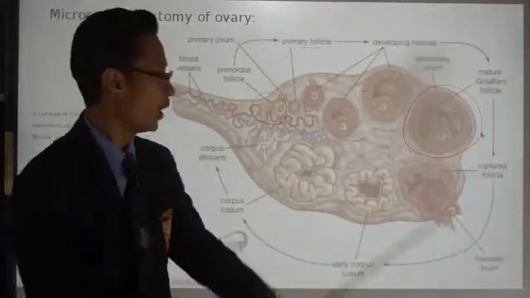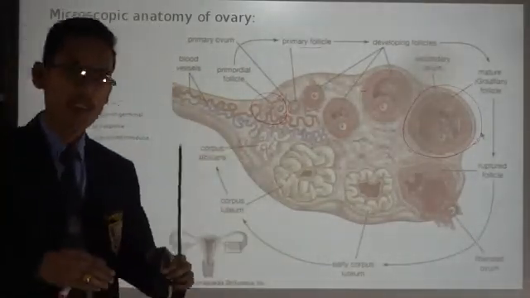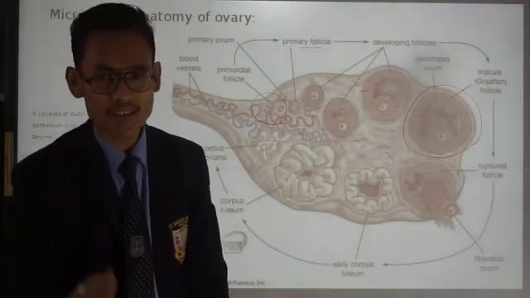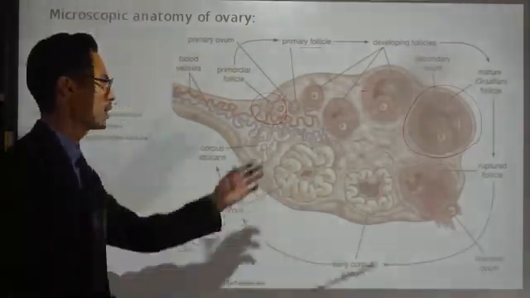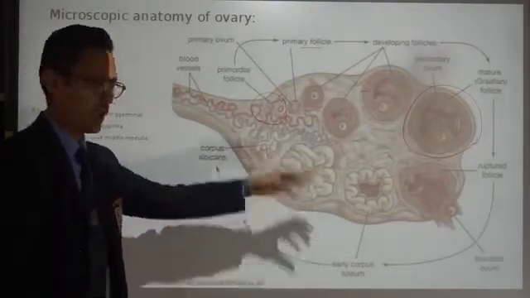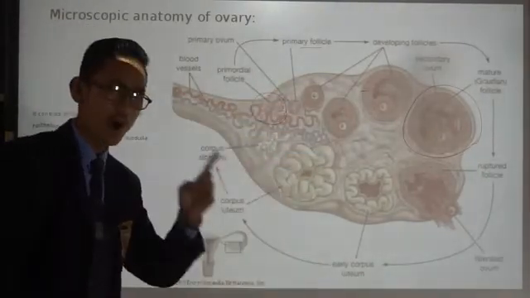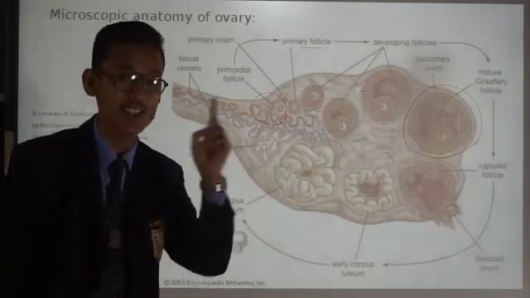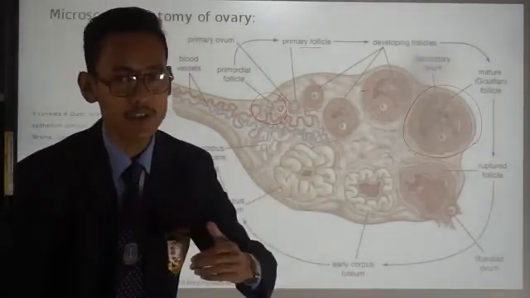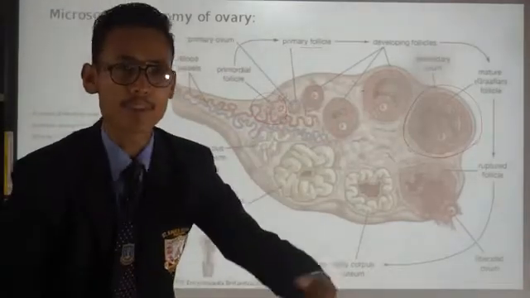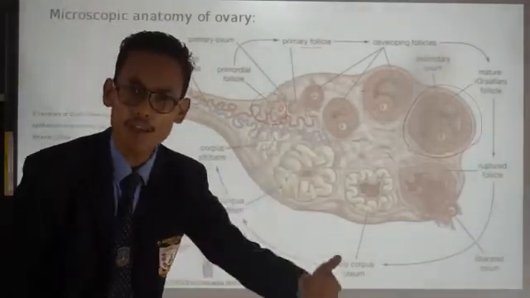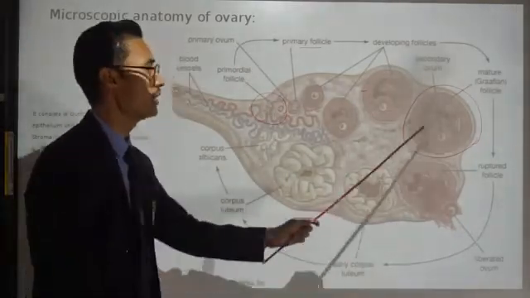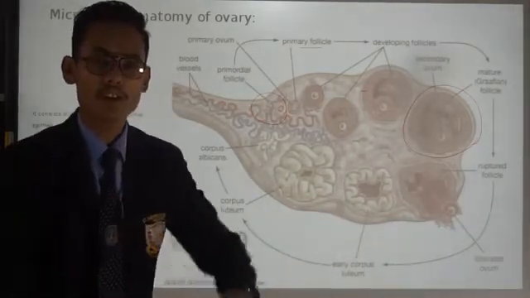So one more time, within the medulla, we will find different stages of development of the follicular cells, and only one starts developing each month.